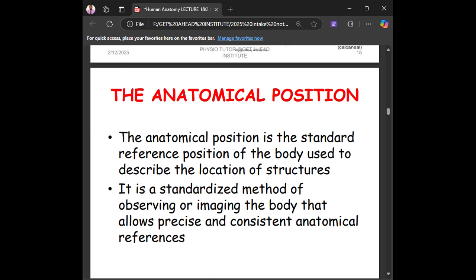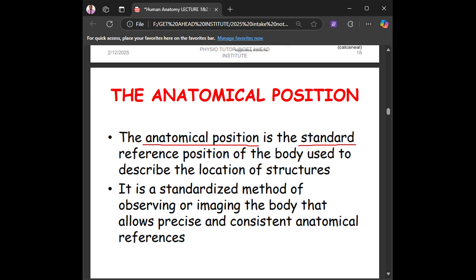By description, the anatomical position is the standard reference position of the body that is used to describe the location of structures. Why do we have the anatomical position?